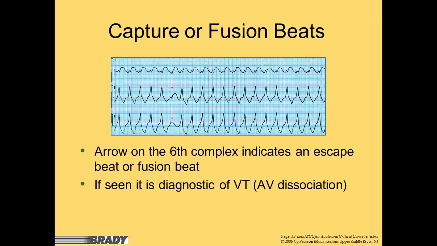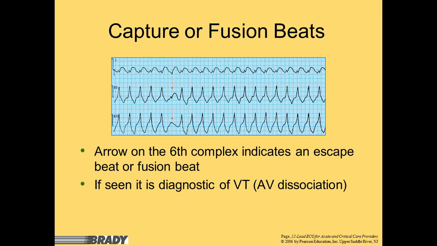Now, if we can capture a fusion beat, so when we're looking here, we're running a typical 3-lead, 1, 2, and 3. And we see that sixth complex there with the red arrow is what we call an escape beat or a fusion beat. It's kind of just everything kind of catching up, or it's beating so fast that it doesn't have time to reset, and that sixth beat just kind of doesn't really happen very good.